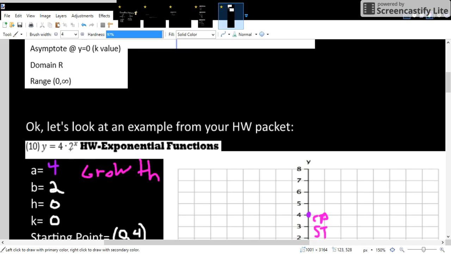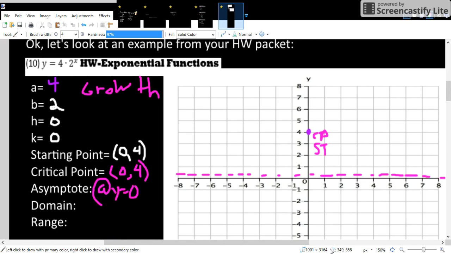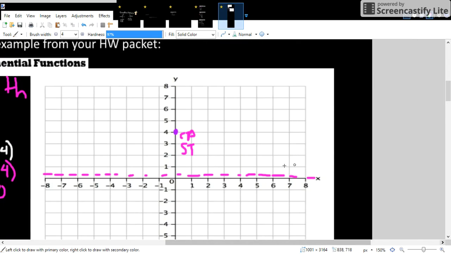If it was something like a fraction, like 1/2 or 1/4, 1/5, 3/7, that would be a decay. But 2 is bigger than that, so it will be a growth. So we can go ahead and sketch a line from there.